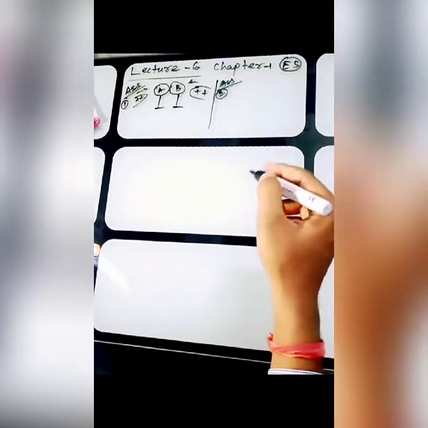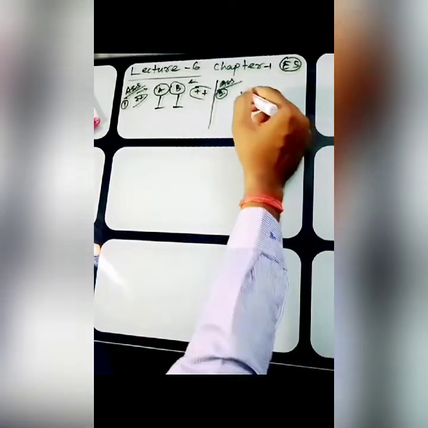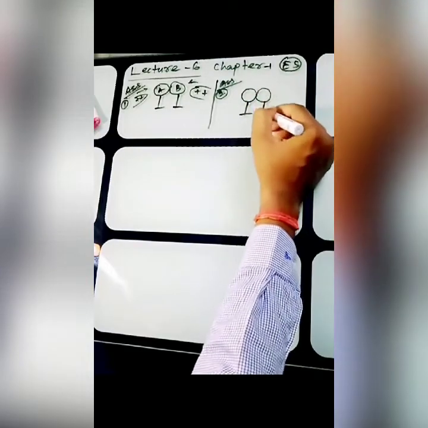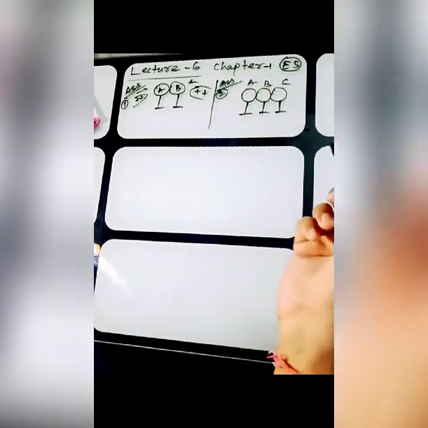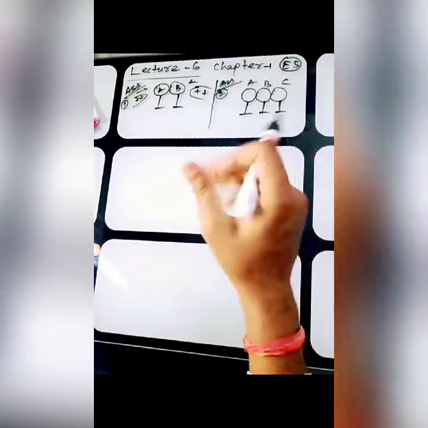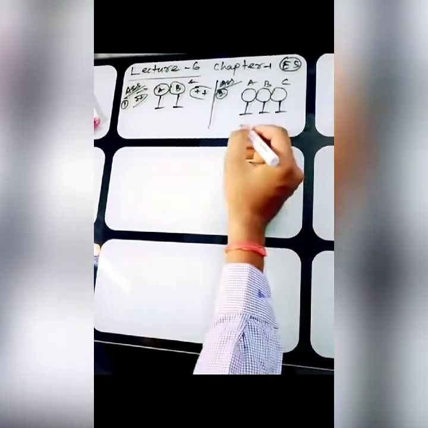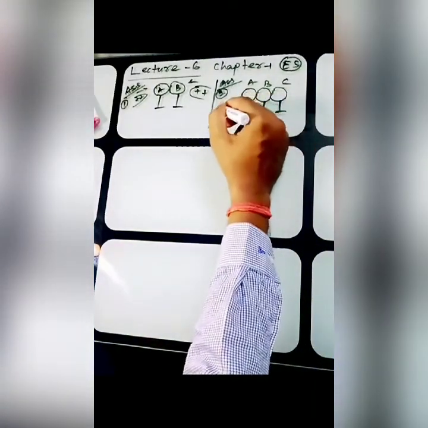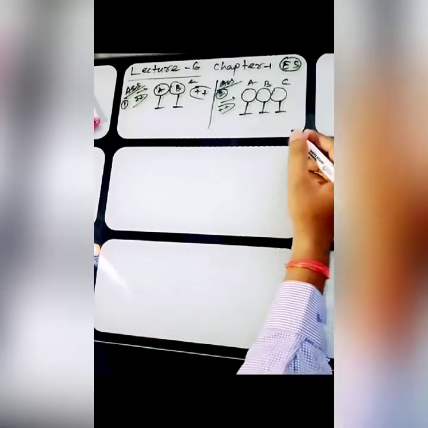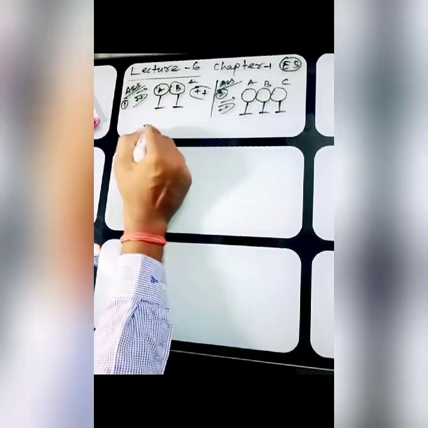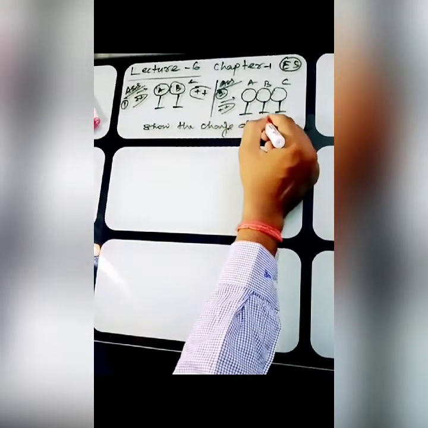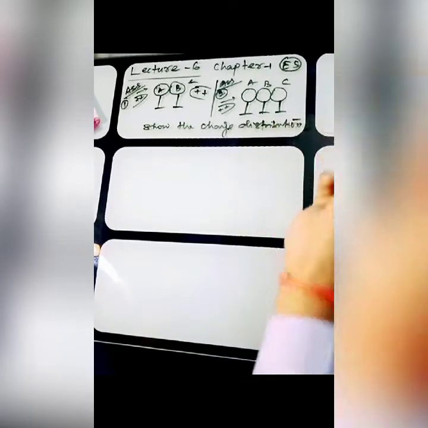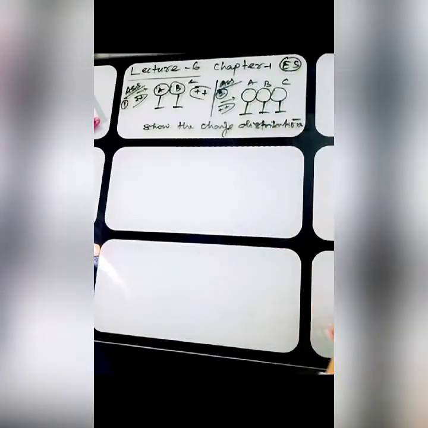Let me give a question in which we have three identical bodies, A, B and C. In this case you have to show the charge distribution if a positively charged rod is brought near the sphere A, which is connected with B and C. You have to show the charge distribution.